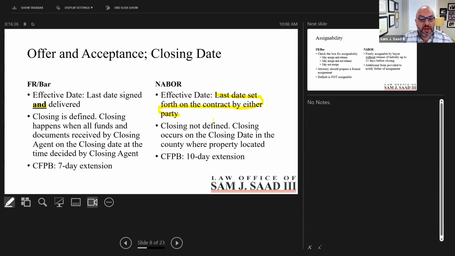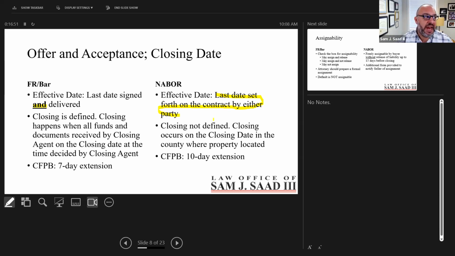Well, under NABOR, the effective date is today, so the first day of the inspection periods is tomorrow. Under FRBAR, the delivery date being tomorrow, that's the effective date. So the first day of the inspection period would be the next day.